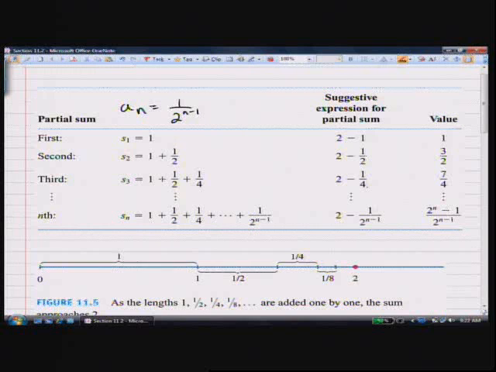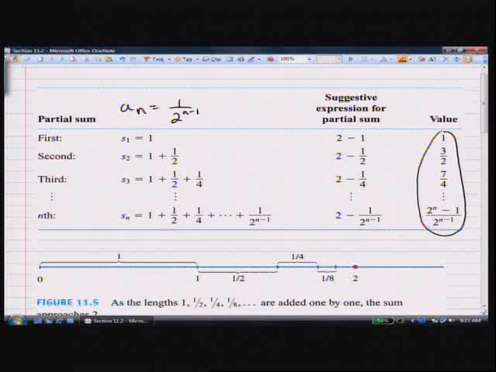I would definitely go to this first before I would see this pattern. So when they put this out here, you're like, well, how did they know that? I'm thinking perhaps you might be able to reason out, though I don't even know if you would, that you do 2 to the n minus 1 over 2 to the n minus 1.